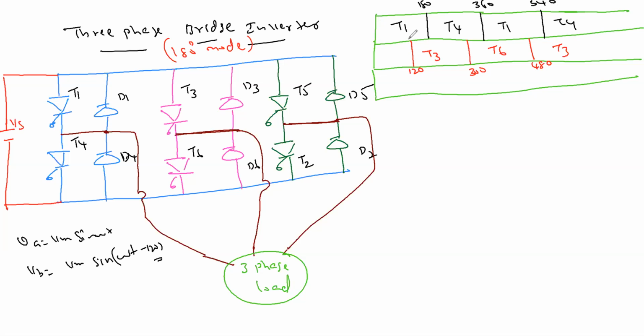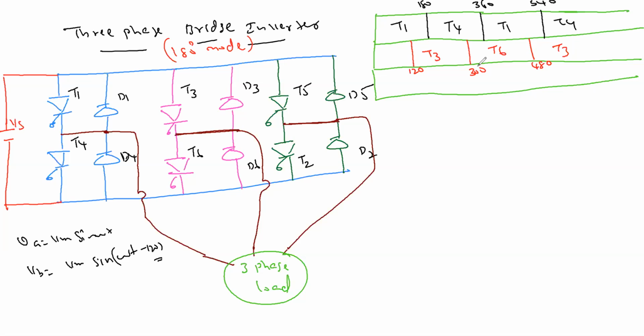What have I drawn? First is the 180-degree mode. We trigger the SCR so that it conducts for 180 degrees. So first T1 180, T4 180, T1 180, T4 180. Like that it will go. But this is B phase, and B phase should lag by 120 degrees. So for lagging, you trigger T3 after 120 degrees.